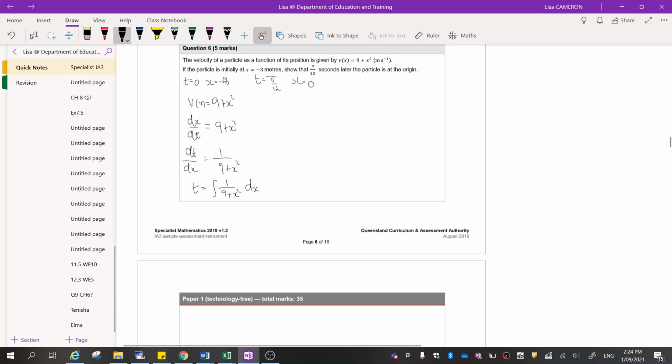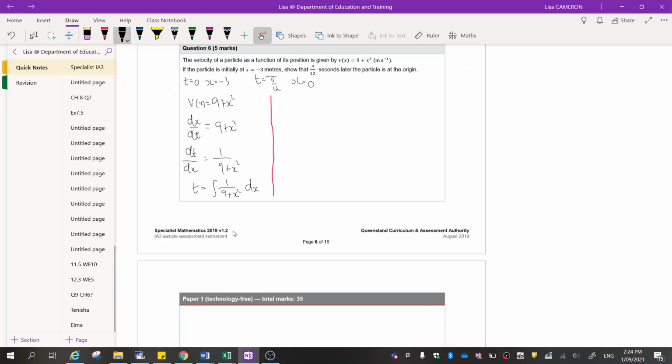Now the next thing you should be thinking is, oh my god, that is looking like one of our special calculus integrals. When I'm looking at this, I can see that this is a nice square number, and that's a nice square number. It's looking pretty close to the inverse tan function when we integrate.